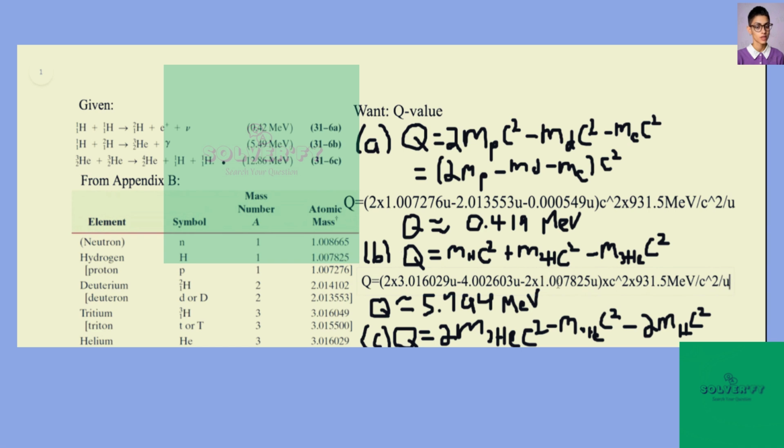And putting that into our calculator, we should get a Q value. Sorry, it's a little bit cramped here. A Q value of 12.86 megaelectron volts.